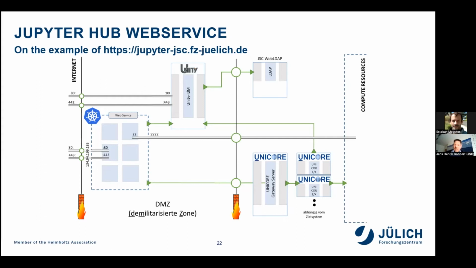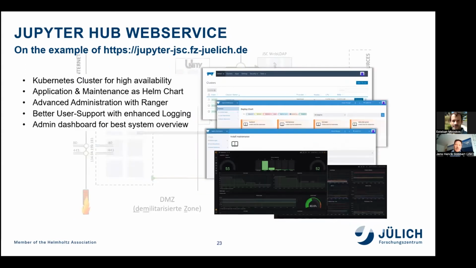But everything is kind of hidden from the user there. And maintenance, checking the load balancing, checking the Kubernetes cluster and so on. I don't want to go into that, but it opens really a lot of extras far beyond JupyterLab.